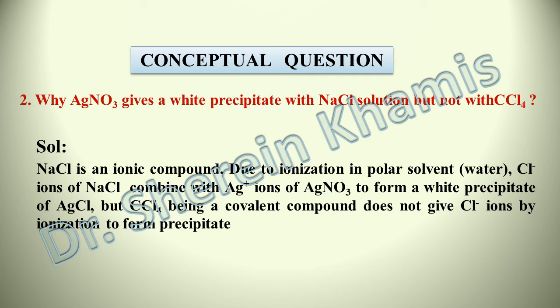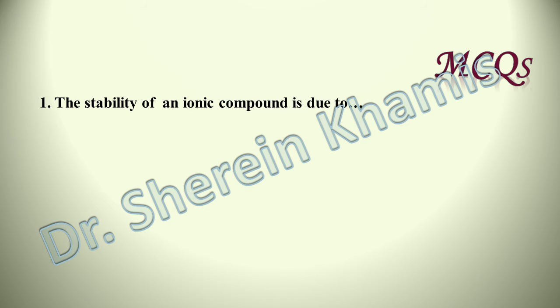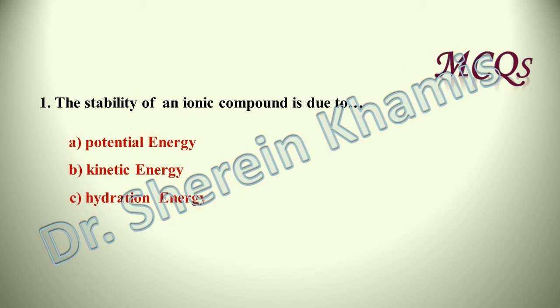We have another question, with some multiple choices. Let's start. The stability of ionic compounds is due to: first, potential energy; second, kinetic energy; third, hydration energy; and last, high lattice energy.